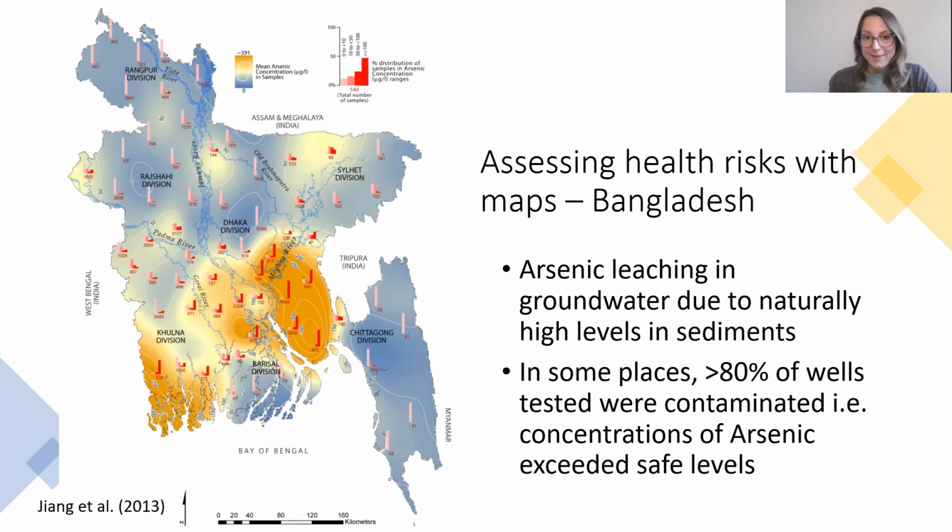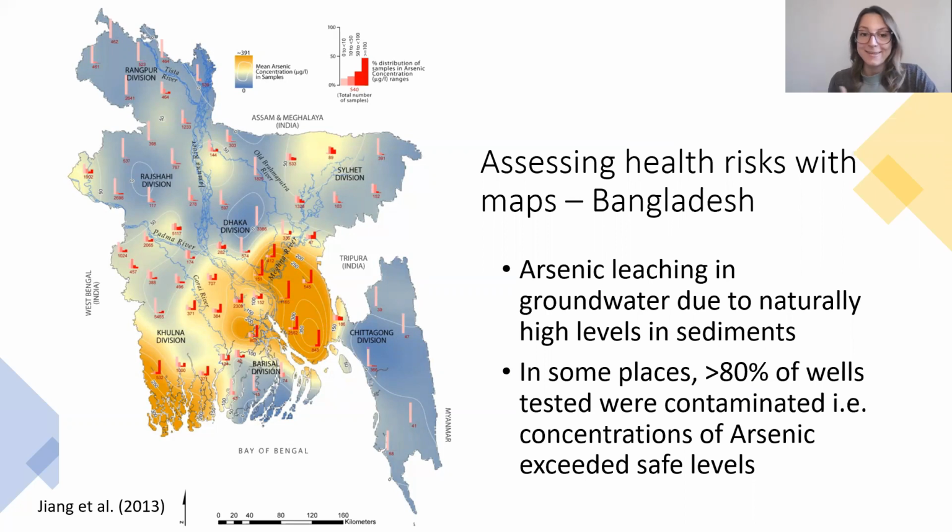So they didn't know this at the time, but once they finished building all these wells and once people started to use them to get drinking water, it became pretty apparent pretty quickly that in some places up to 80% of the wells that they tested were contaminated with arsenic.